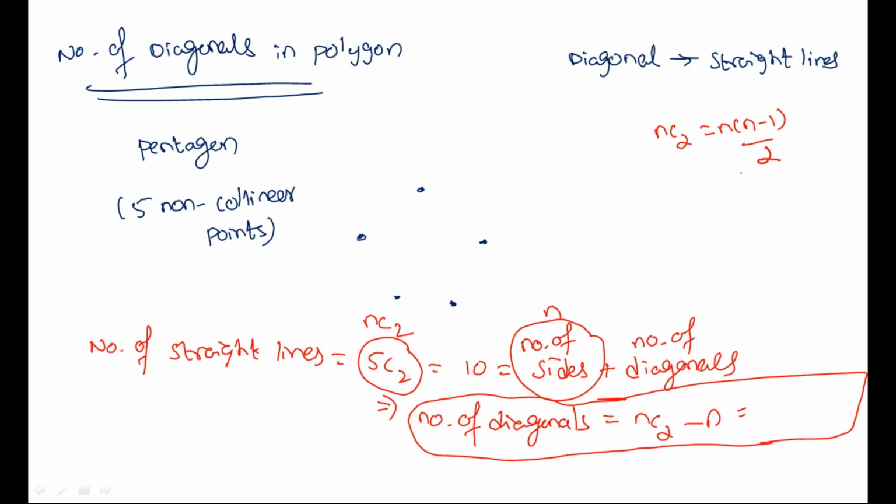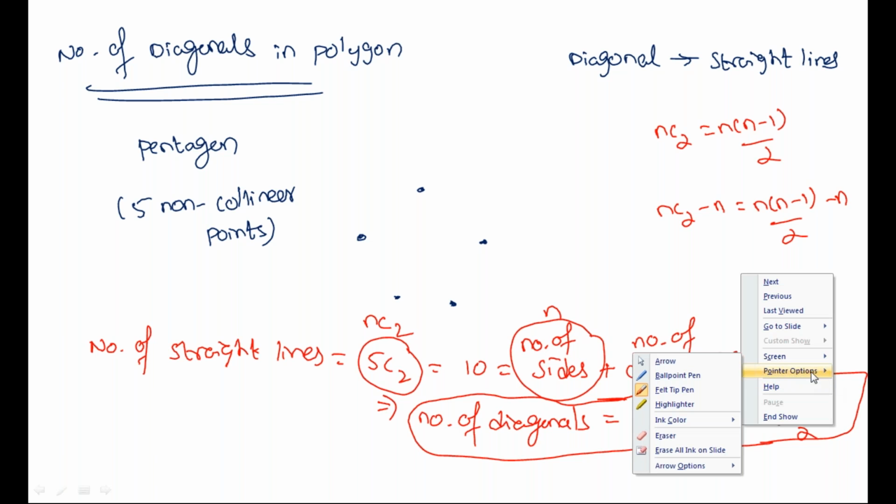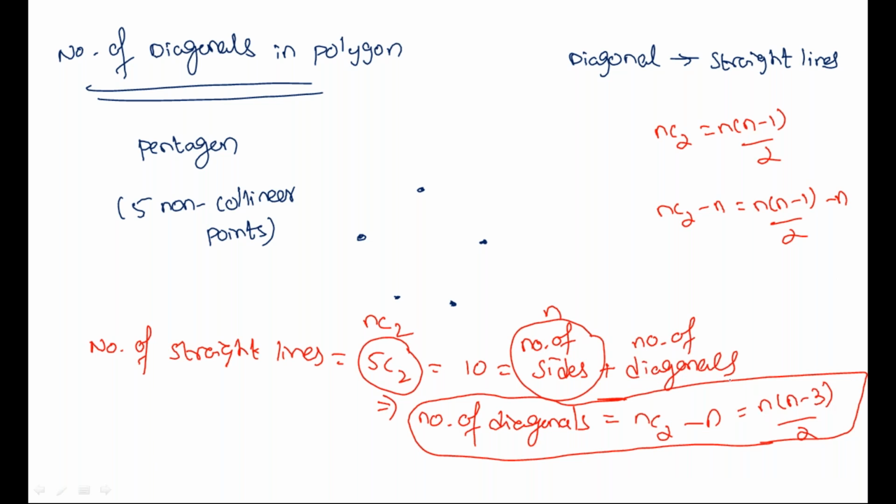So NC2 minus N is N into N minus 1 by 2 minus N. If you take LCM, finally you'll get N into N minus 3 by 2. This is the formula for the number of diagonals, N into N minus 3 by 2 or NC2 minus N. You people know only N into N minus 3 by 2, but how it is developed is from NC2 minus N.